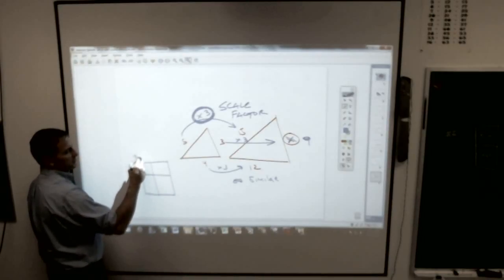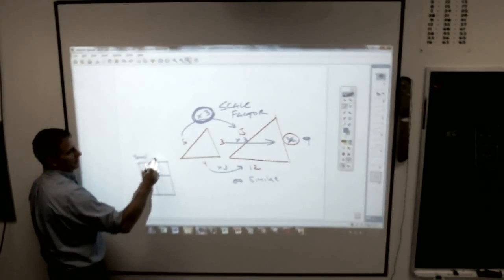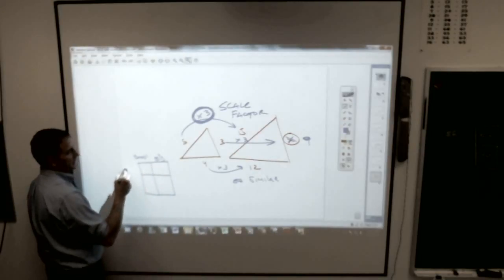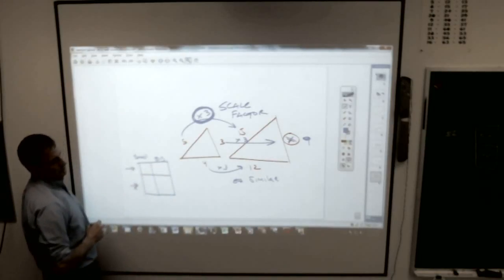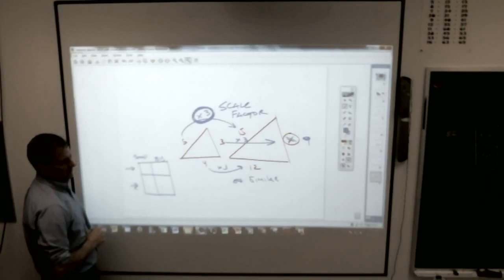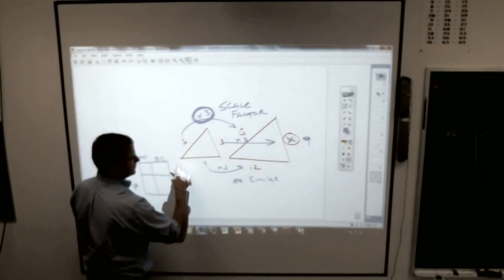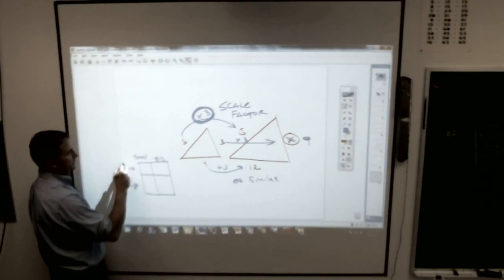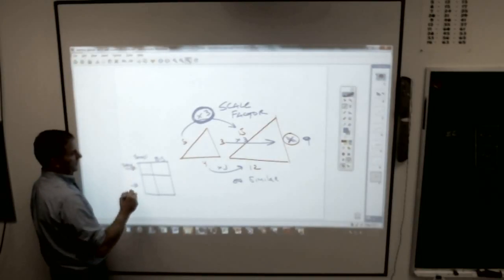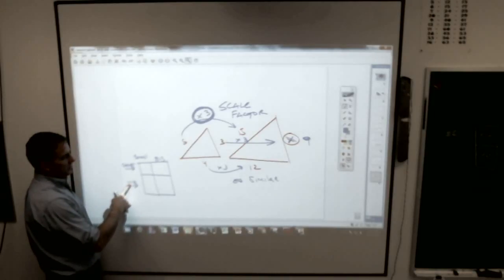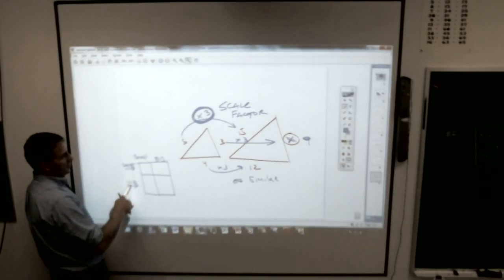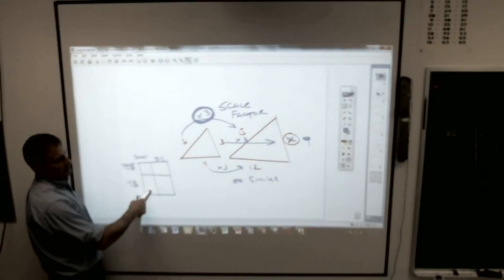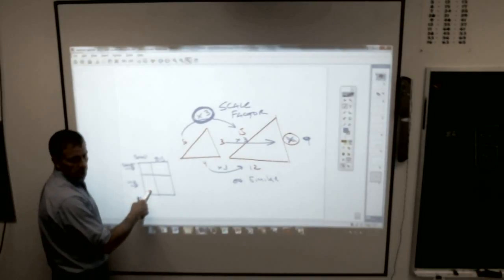You've got the small triangle, and you've got the big triangle, and on here you'd have to pick whatever two sides you're talking about. What's this? This is the shortest side, so let's put the short side here. And then let's put the long side here. Well, the long side on the small triangle is how long? 5.